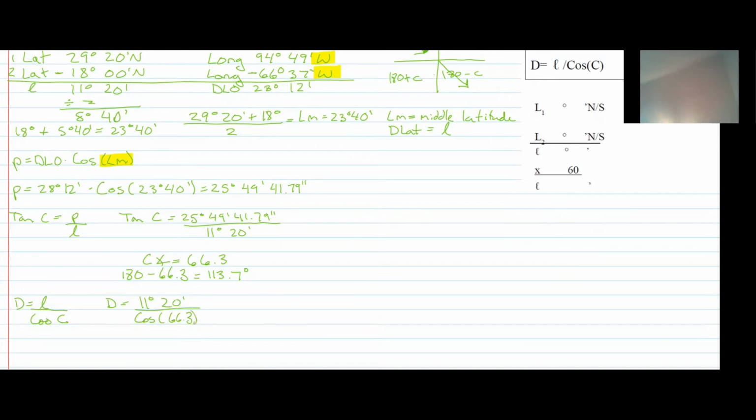If you accidentally end up using the course 113.7, it's not a big deal, it'll just change your sign. So instead of getting a positive answer, your answer will be negative.